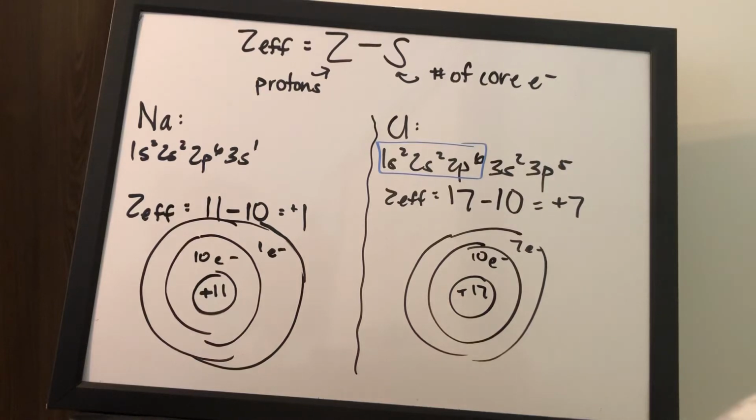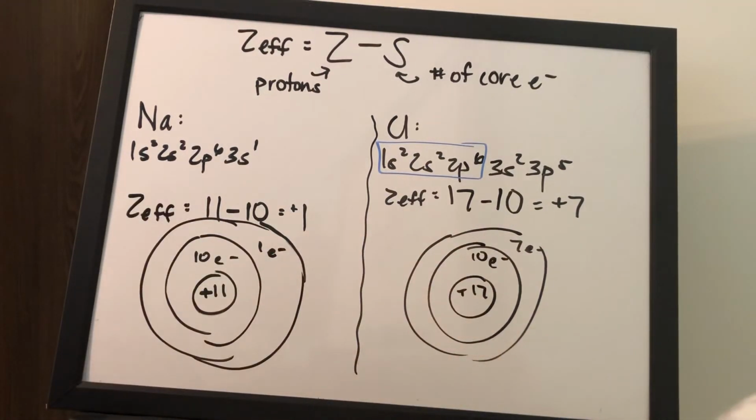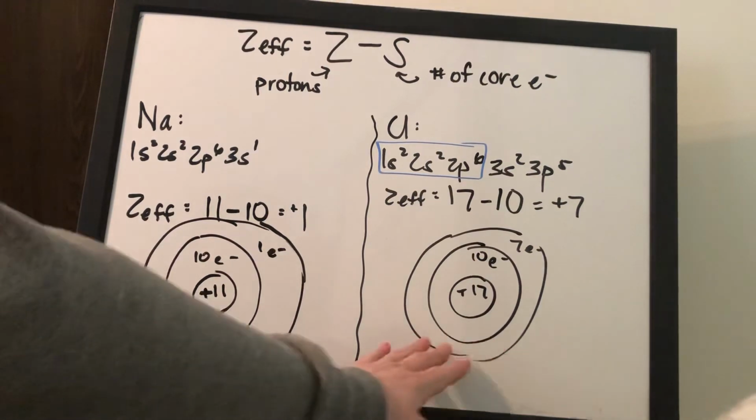Again, you might have been inclined to say a pull of 17, which is the nucleus, but that's not true, because these electrons get in the way and they shield. So in this case, the valence electrons in chlorine are experiencing an attractive force of positive 7. So a question could be, which kind of atom experiences a higher Zeff? In this case, that's your chlorine.